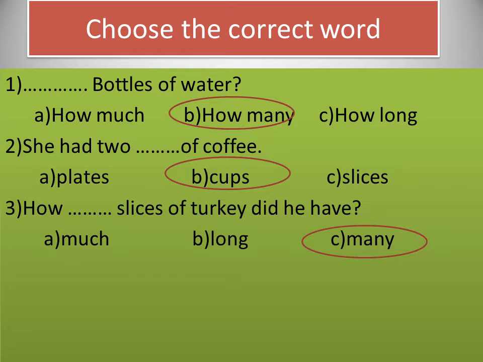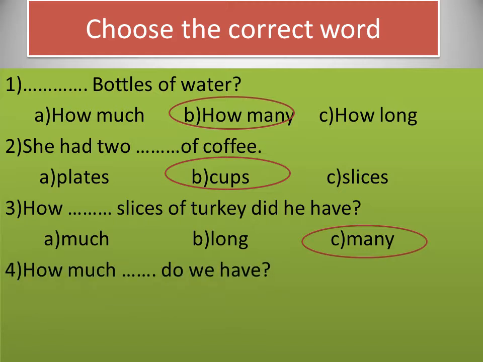Because I'm asking about the countable noun slices. I can count slices of turkey. With only turkey, not using slice of, I cannot use many because I cannot count turkey. But if I make them slices, I can count them, so I use many. How many slices of turkey did he have?